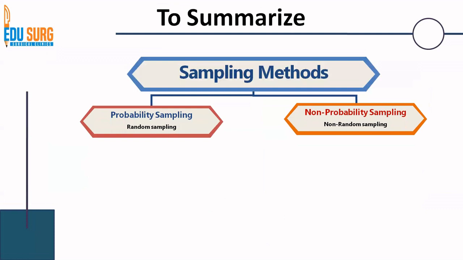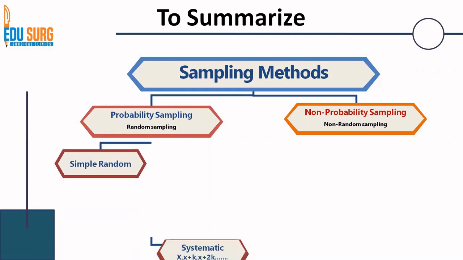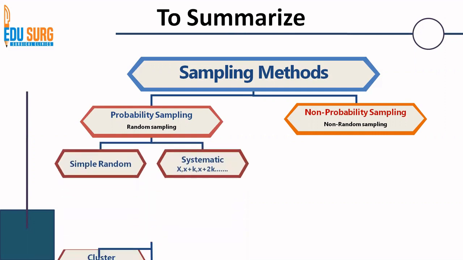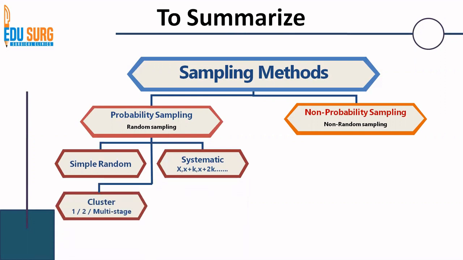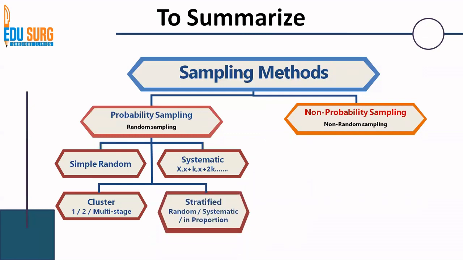Thus, to summarize sampling methods, there can be probability sampling and non-probability sampling, or random sampling and non-random sampling. In probability sampling, you have simple random sampling, which is done using the table of random numbers or the computerized software. Then you have the systematic sampling. Then you have the cluster, which can be 1, 2, 3, or multi-stage cluster sampling.